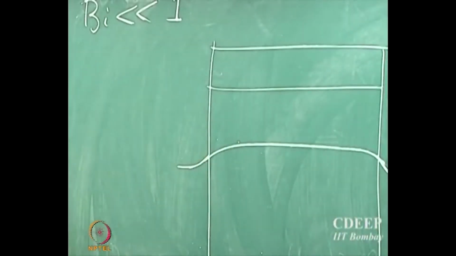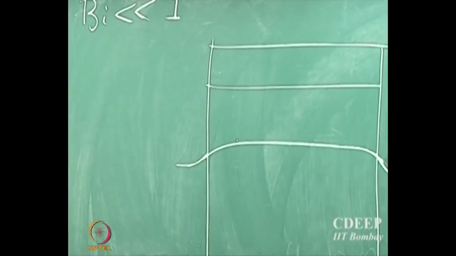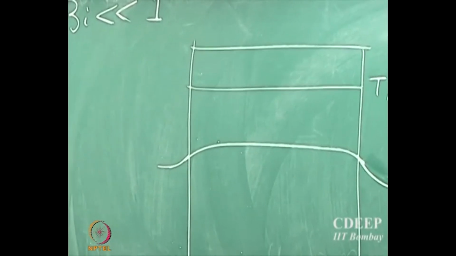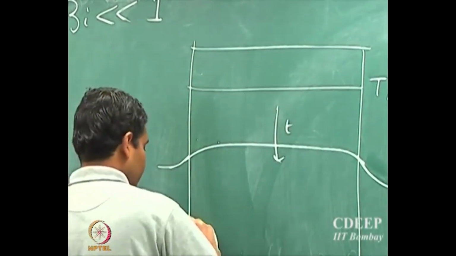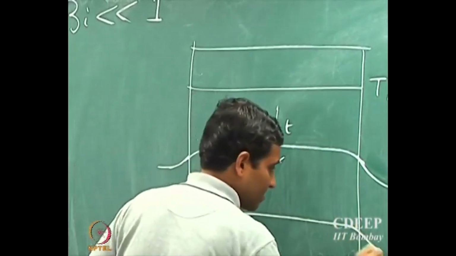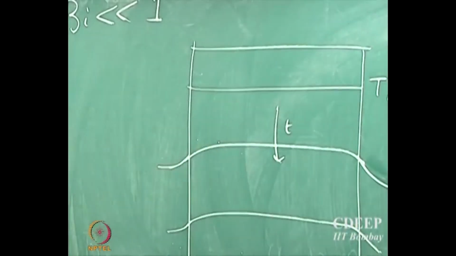Because the Biot number is much smaller than 1, the temperature difference for convection outside the solid is expected to be much larger than the gradient of temperature inside the solid near the boundary. And so as time goes by, you will start seeing temperature profiles which are almost flat inside.